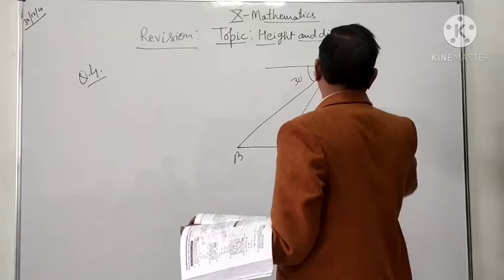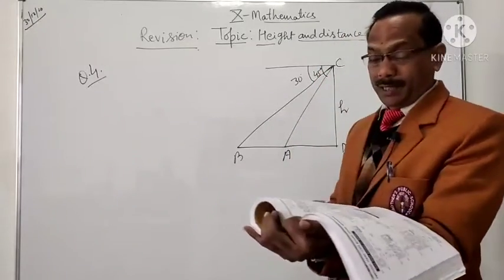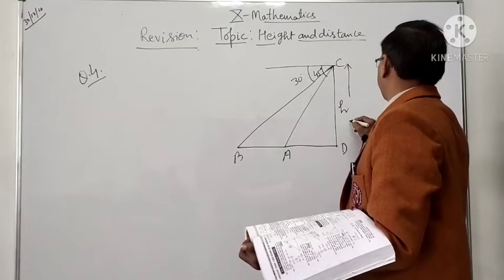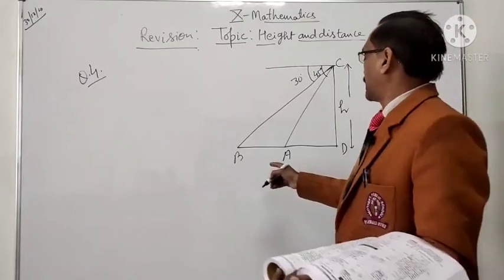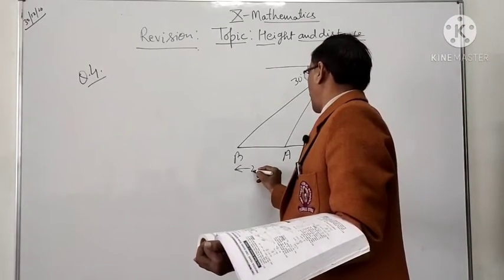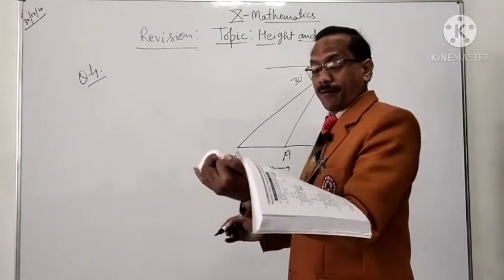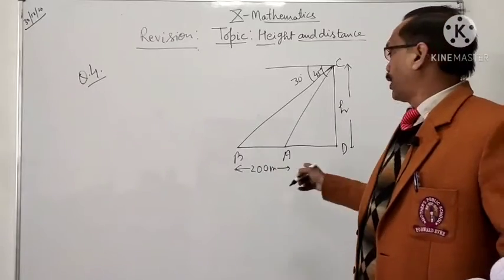Student, let it be CD. It is H, height of the lighthouse. This is 200 meter apart. Find the height of the lighthouse. So you have to find the value of h.